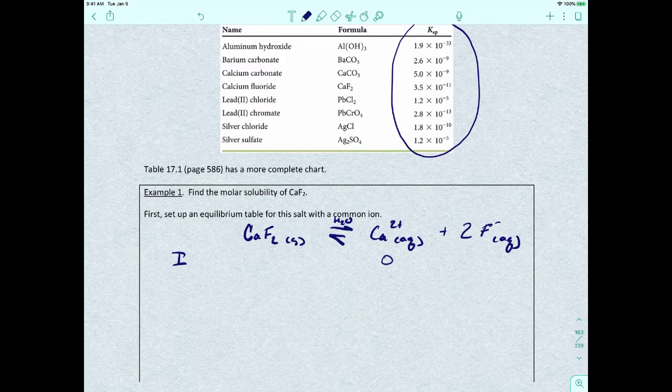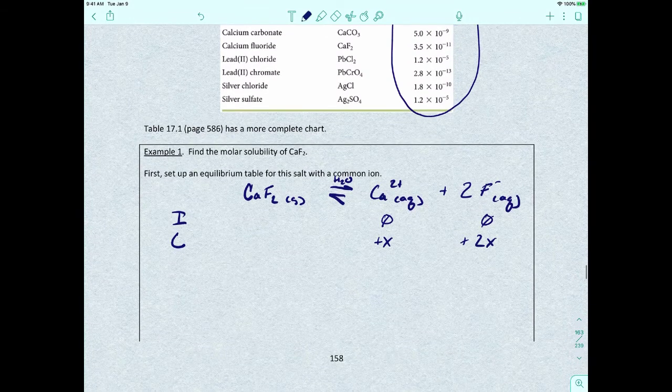Okay, so initially, you have no molar concentration of calcium 2 plus and the fluoride. The change, you know that the concentration of the calcium 2 plus is going to go up by a certain number x. Concentration of fluoride is going to go up by 2x because there's 2 fluorides. So at equilibrium, the calcium 2 plus will be x, and the fluoride will be 2x.